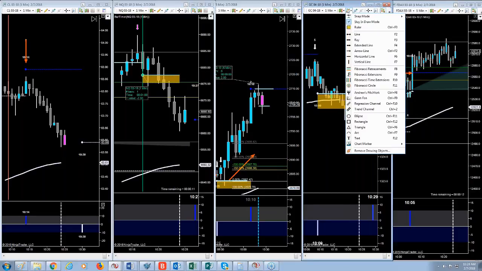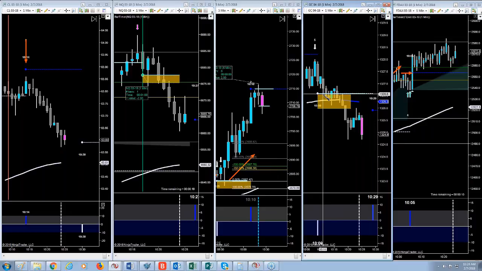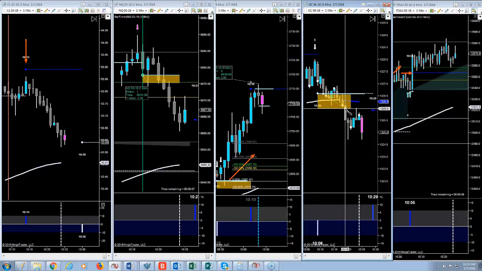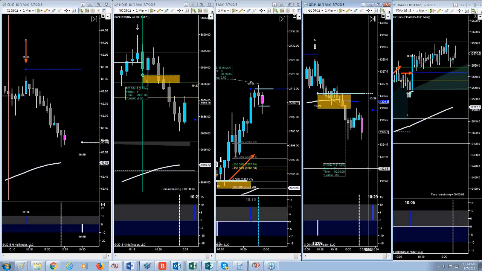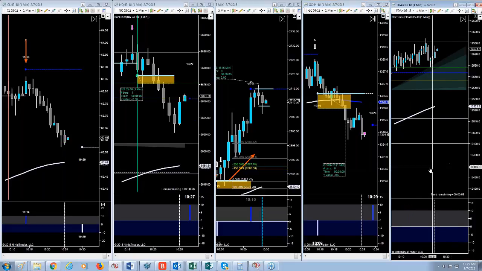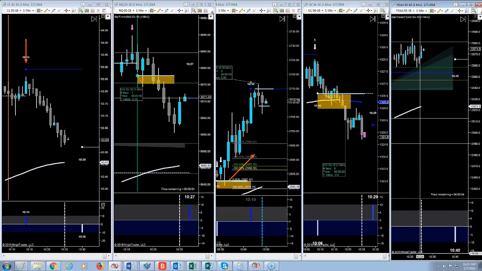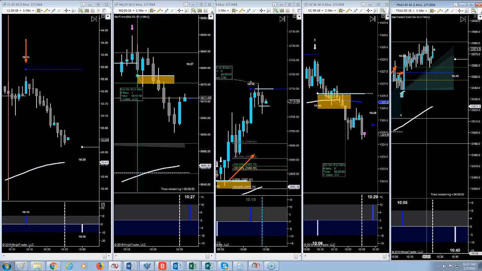So that trade would have been a stop right there, -6. Next signal in the DAX is 10:40.